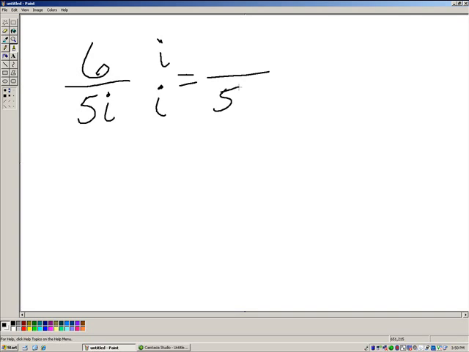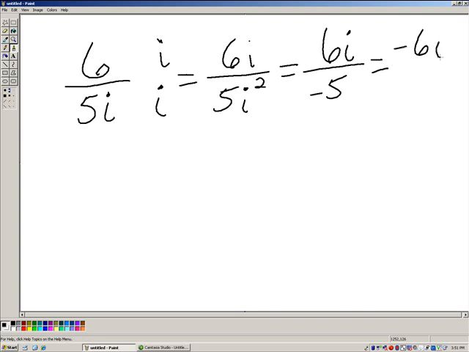And then the reason we do it to the numerator is so we get 6i up there. And then the i squared is going to be a -5 in the denominator and a 6i in the numerator. Now, personally, I like to have that negative up in the numerator, and we can move that freely. There's nothing wrong with that.